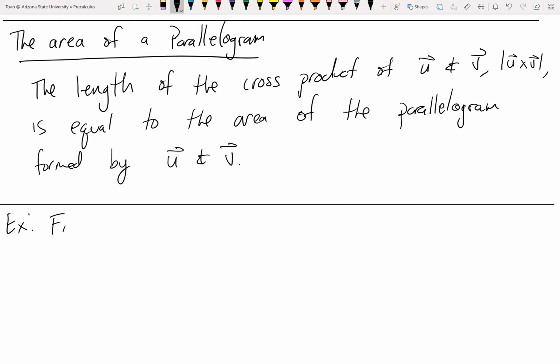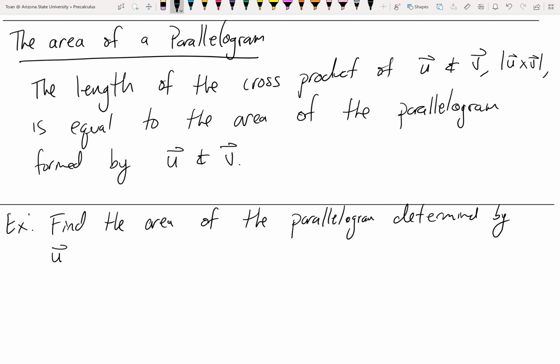For example, they could ask you to find the area of the parallelogram determined by vector u, which is, I don't know, 1, -1, 1, and vector v, which is 1, 1, -1. Let's just make it all ones, make the numbers easy.